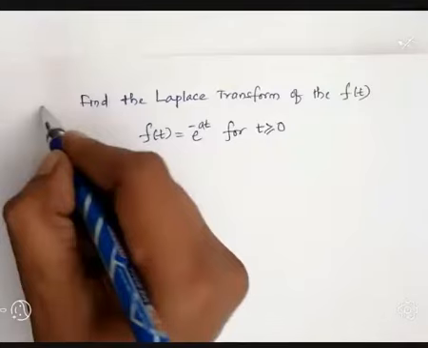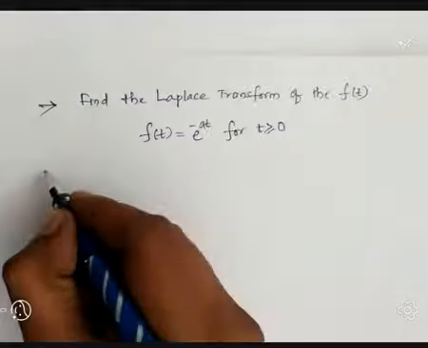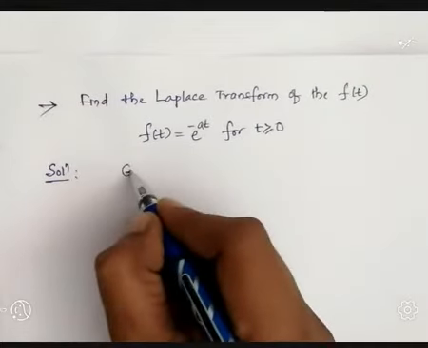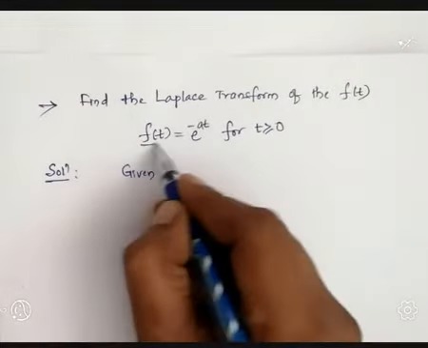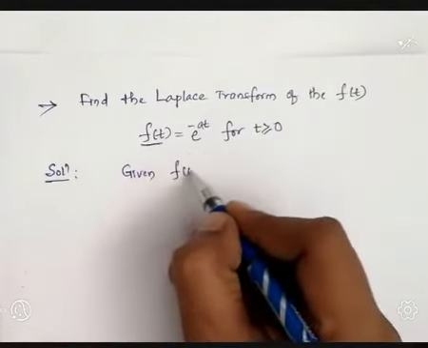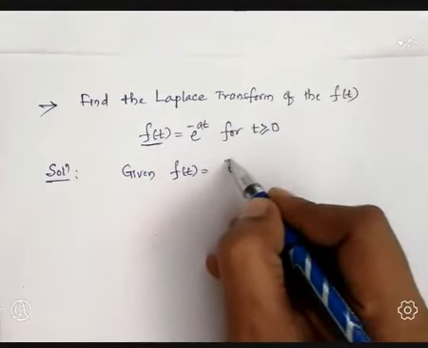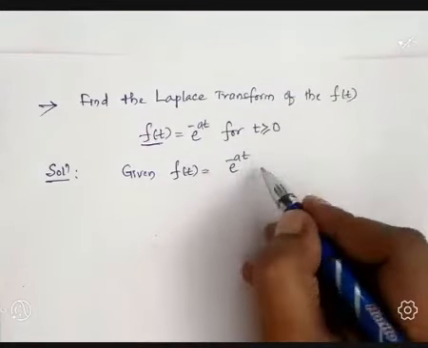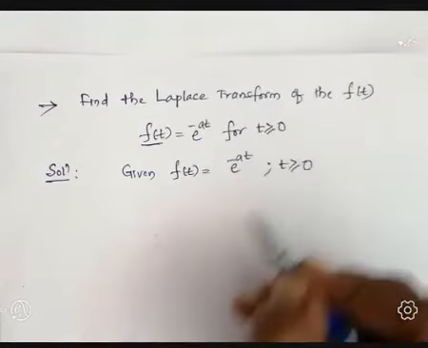For this one, what is the solution? First I will write the given data. The given function is f of t equal to e to the power minus at for t greater than or equal to 0.